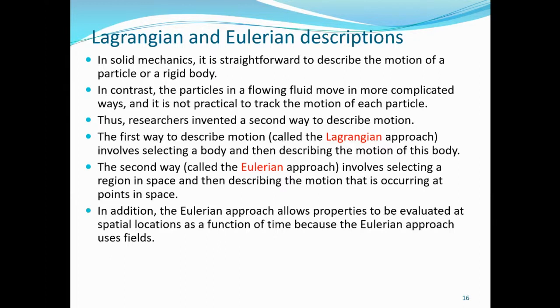The Eulerian approach allows properties to be evaluated at spatial locations as a function of time, because it uses fields, like the velocity field, which gives the velocity at any instant of time at any given location for any fluid particle passing that location.